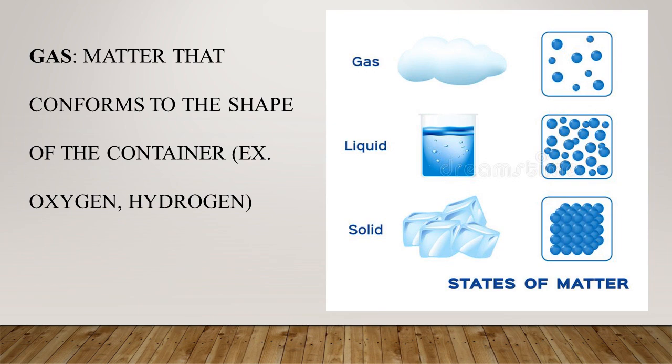You see how in the gas, the particles are quite far apart. Within a liquid, they are much closer together. And then within a solid, they are really close together. So that's going to help us define and understand the different states of matter: gas, liquid, and solid.